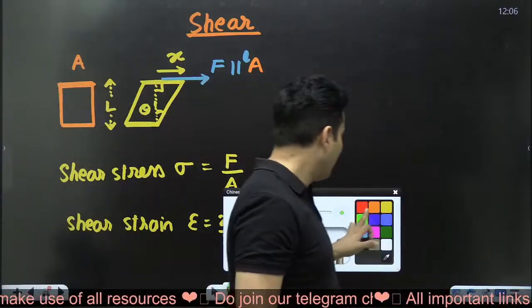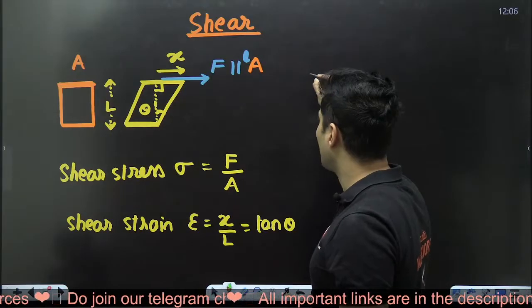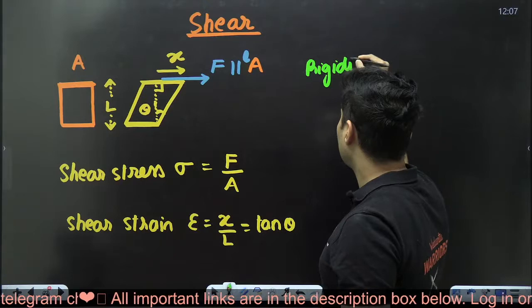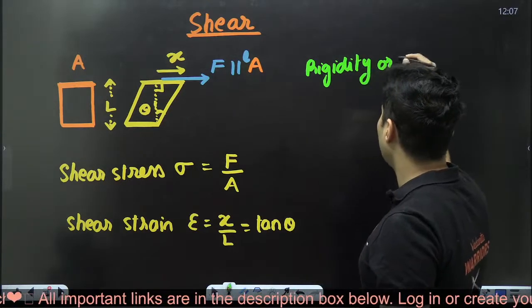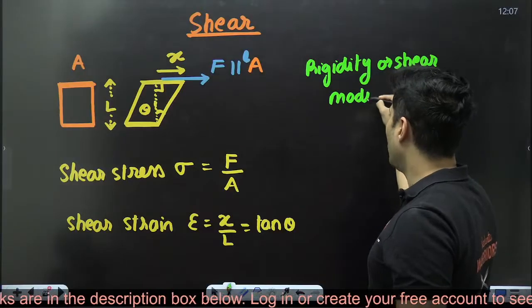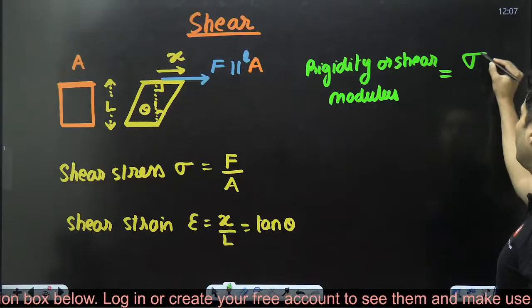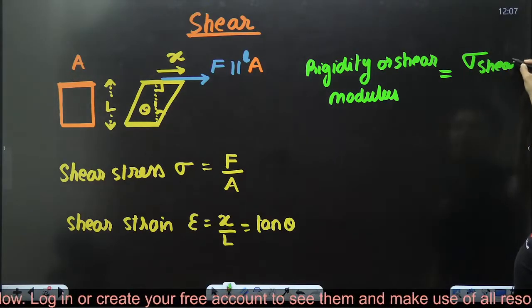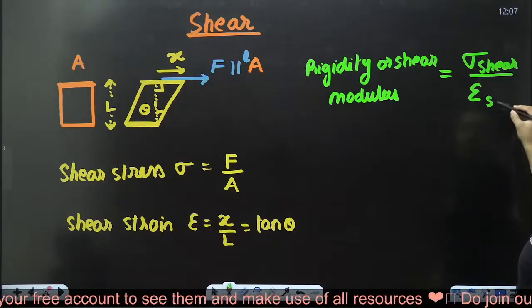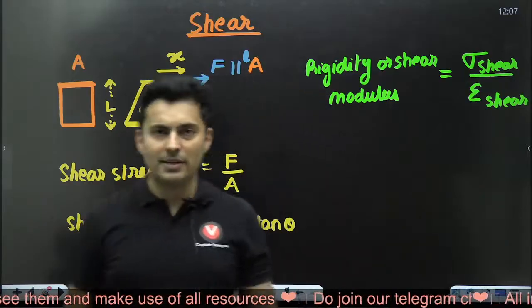So lastly, what is the modulus of elasticity? The modulus of elasticity is called the rigidity modulus, or even shear modulus. And this rigidity or shear modulus is obviously your shear stress divided by shear strain. Stress by strain, same definition is being used.